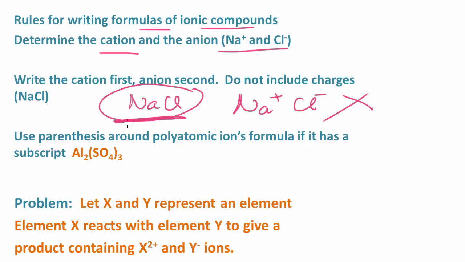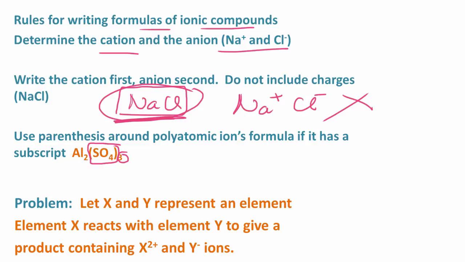You can include the charges on your scratch paper when you're trying to figure out the subscripts, but if you're asked to write a formula, make sure it does not include the charges. If you have a polyatomic ion and it has a subscript, always put parentheses around that polyatomic ion, okay? Because in this case, this 3 tells us there are 3 of these units here.